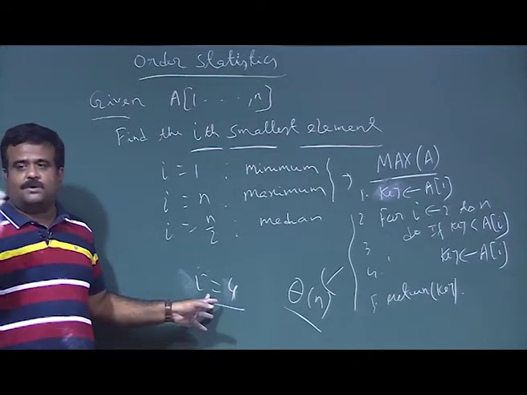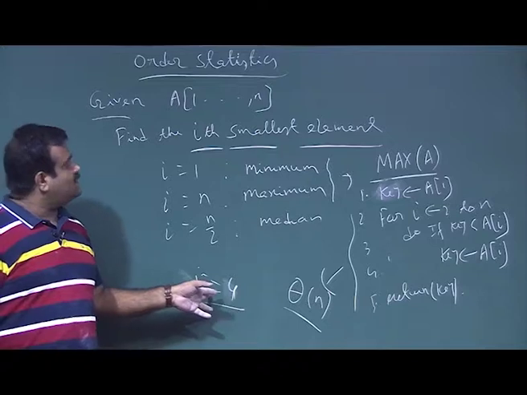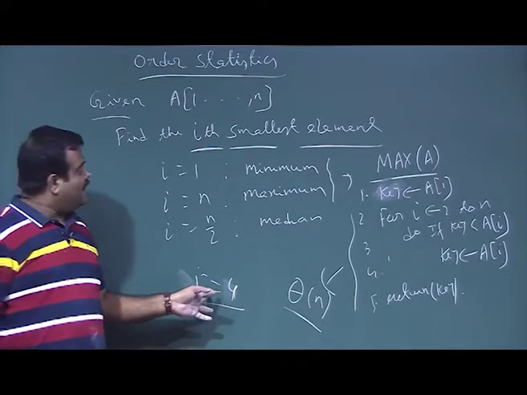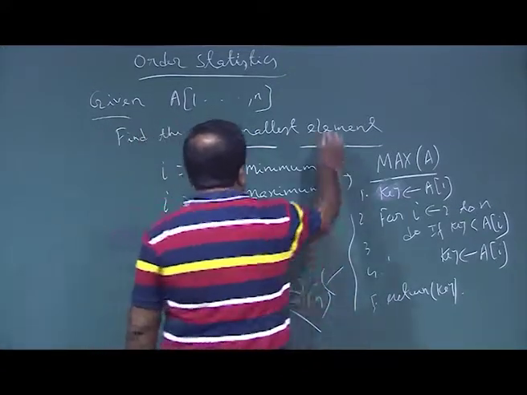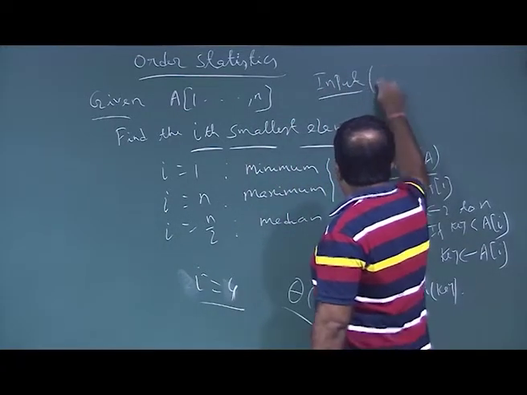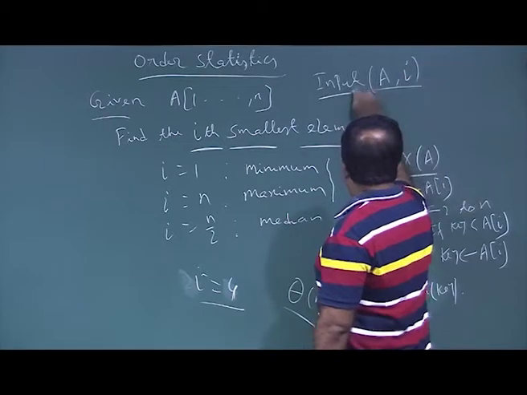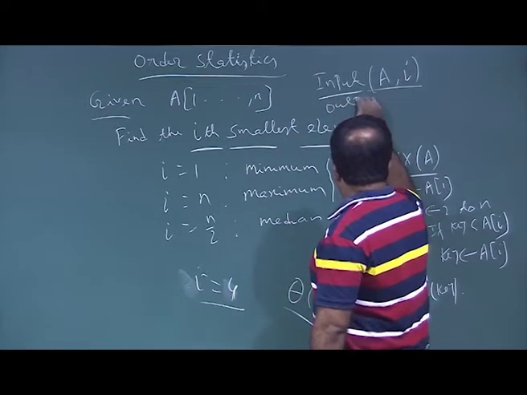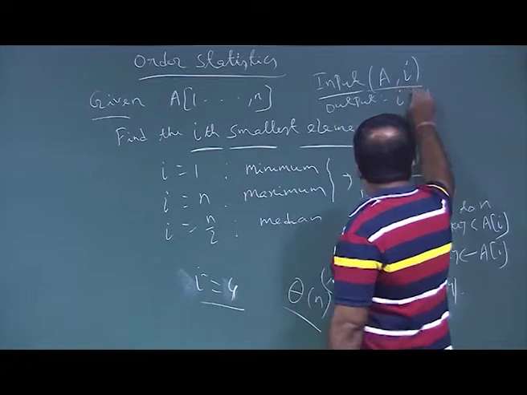So i is also part of the input. The order statistics problem is: the input is an array and an i, and the output is the ith smallest element.